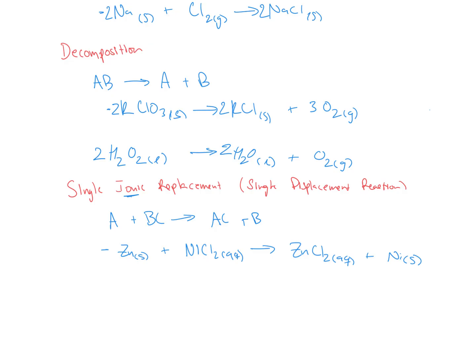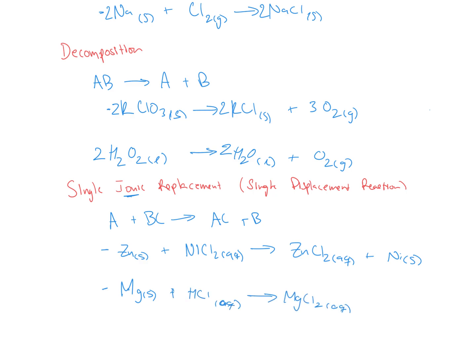Another version of a single ionic replacement reaction is a little bit harder to see, but it's one that we're going to encounter. And that is, for example, if you have magnesium solid, right? That's our metal portion, plus hydrochloric acid, HCl, and this is aqueous. You form MgCl2, aqueous, as you might imagine, right?